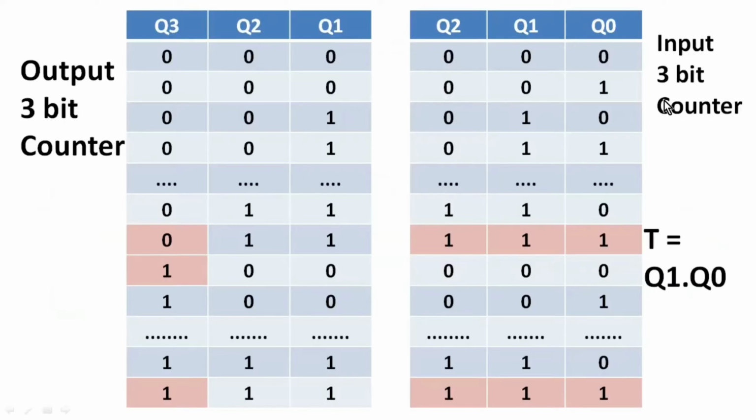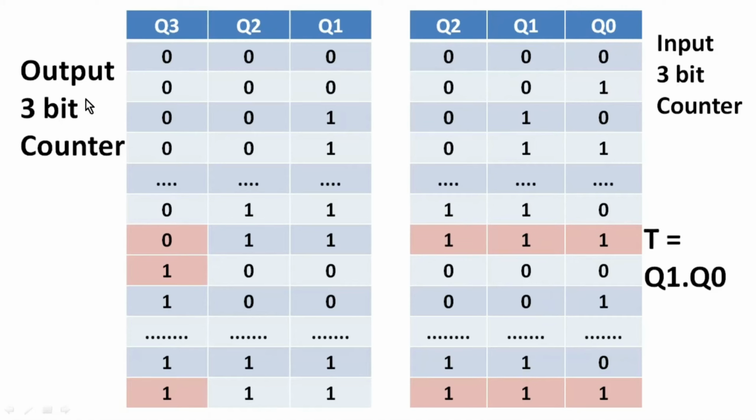Friends, this is the input 3-bit counter and I named it Q2, Q1 and Q0. It goes from 000 to 001 till 111 and then rolls back to 000 and keeps on going like this.